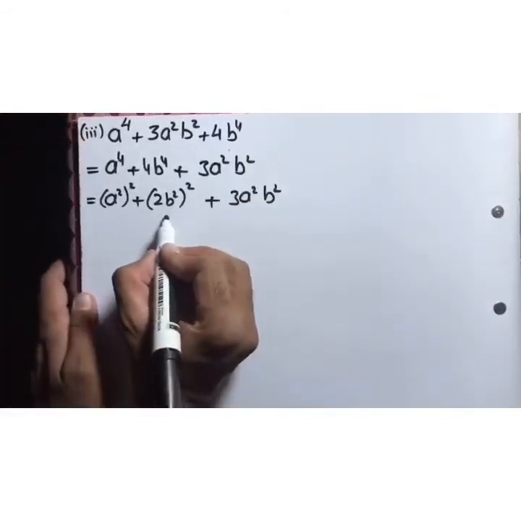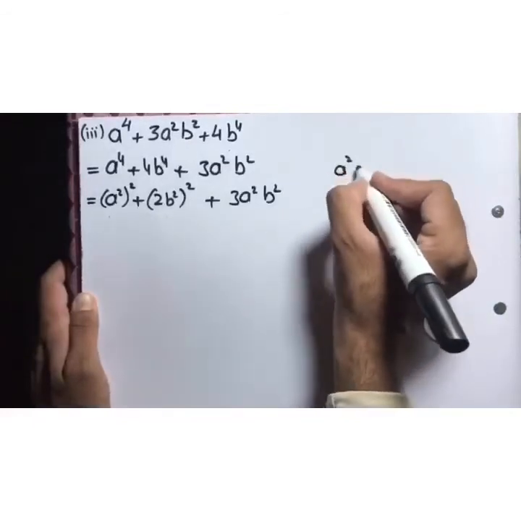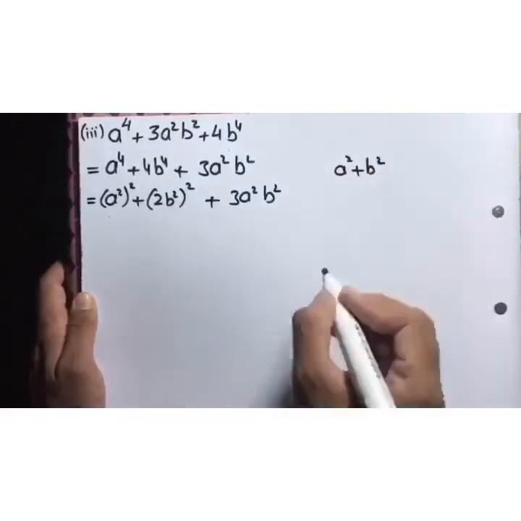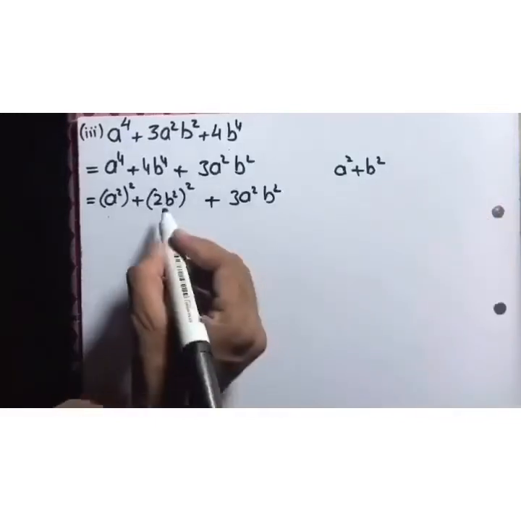Now this is the form of a square plus b square. Write this like this, a square plus b square. Now you have to add plus 2ab minus 2ab in this.